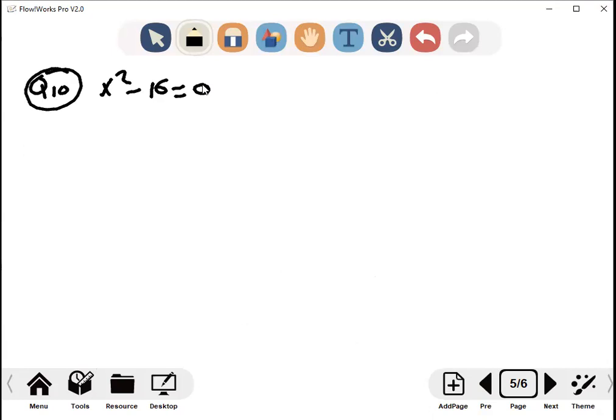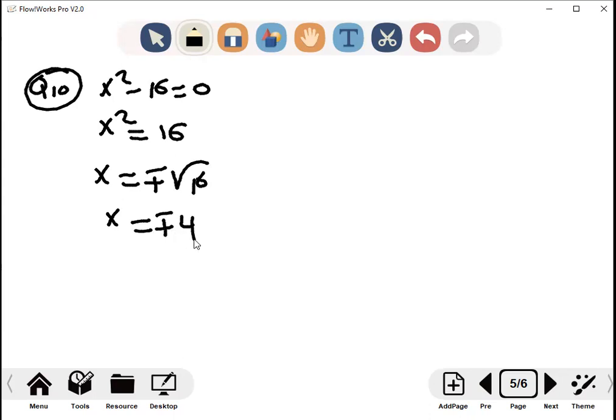And if you remember, I told you in the equation, if you have only x power 2 and a number without x, you can use the square root property. Just find the value of x, then use plus minus the square root. So here x power 2 shifted there equals 16, x equals plus minus square root of 16, plus minus 4.